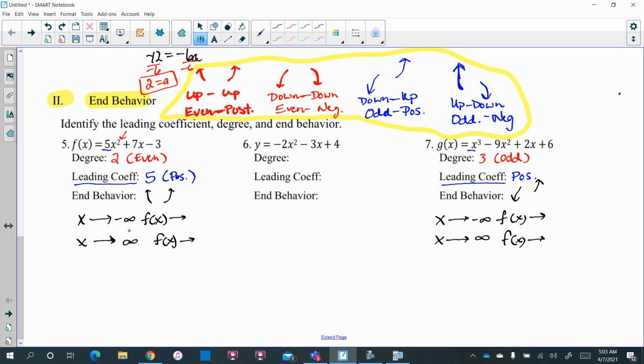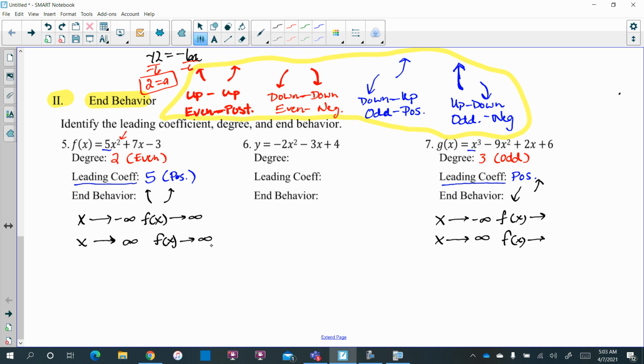As x approaches negative infinity, going from left to right, since that's up, that would be a positive infinity. If the arrow is pointing up, it's positive, and if the arrow is pointing down, it's negative. So as x approaches infinity, it's still pointing up, so that's positive infinity.